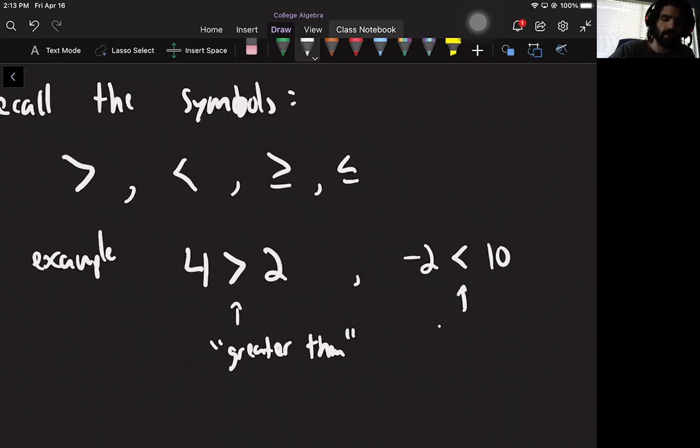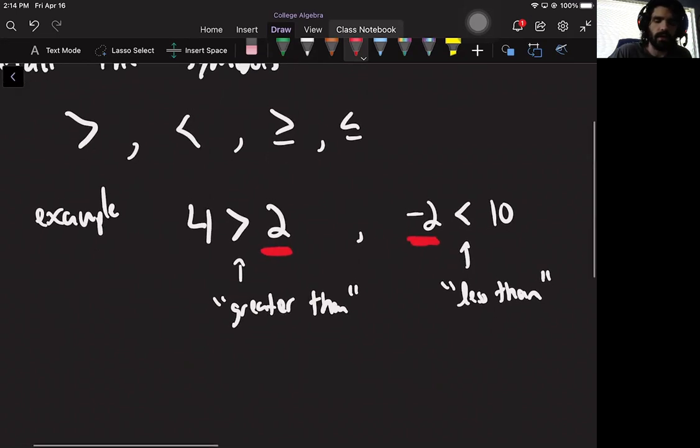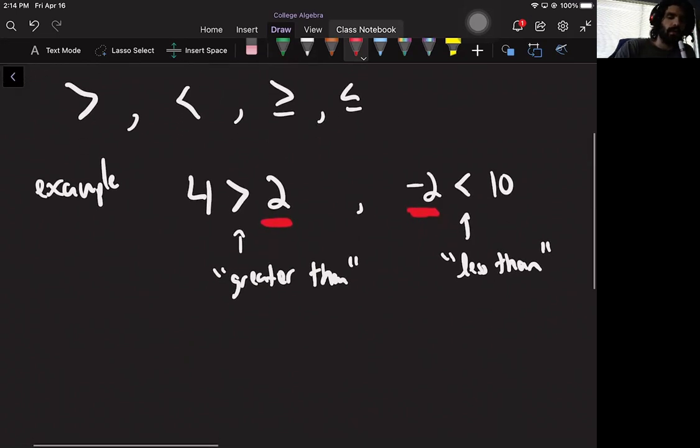So this means less than. So basically the guy that it's pointing to is the smaller one, no matter what. So you could think about the first thing as 2 being smaller than 4. In this one, you could think of -2 as being smaller than 10. Whichever one the arrow is pointing to is the smaller one.